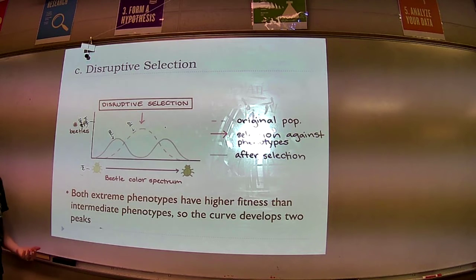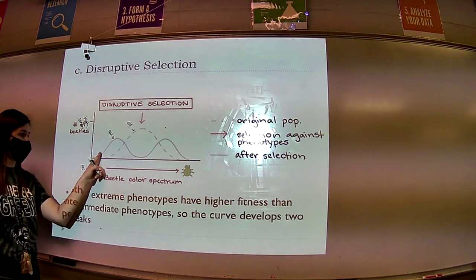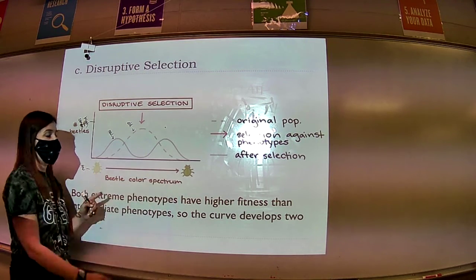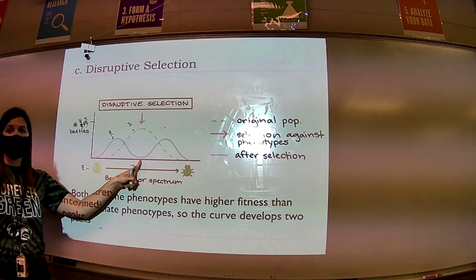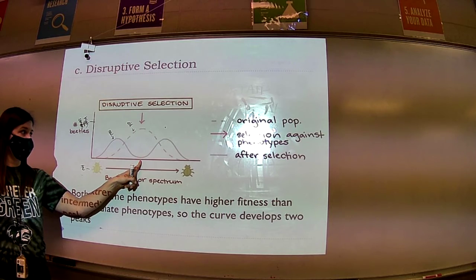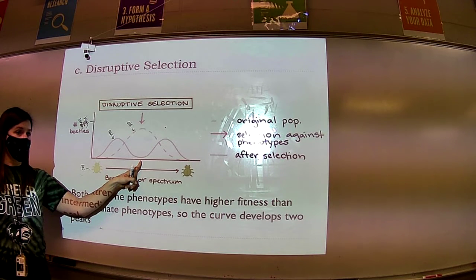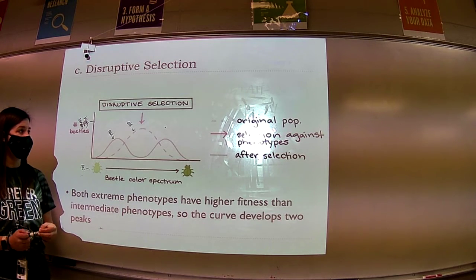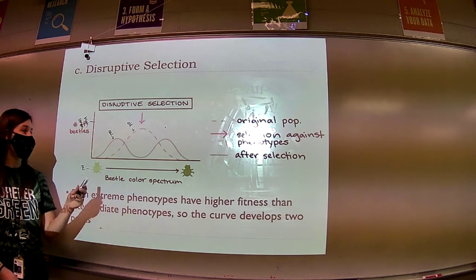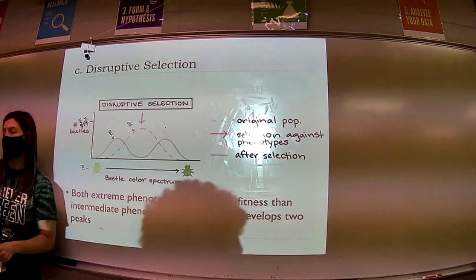For whatever reason, the light green and the dark green survive best. The middle green survive not as well, so we're going to see that going down in the middle. It kind of looks like a camel.